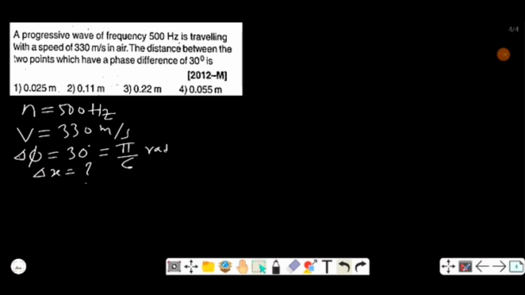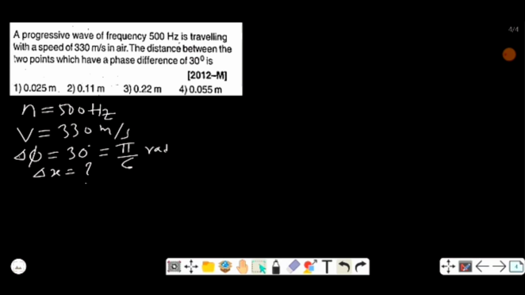A progressive wave of frequency n is equal to 500 Hz is traveling with a speed v is equal to 330 meter per second in air. The distance between the two points, nothing but the path difference delta x, which have a phase difference delta phi equal to 30 degree.